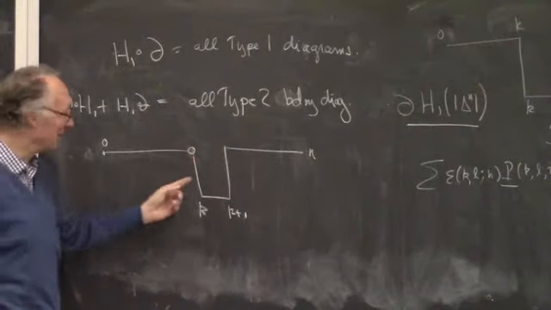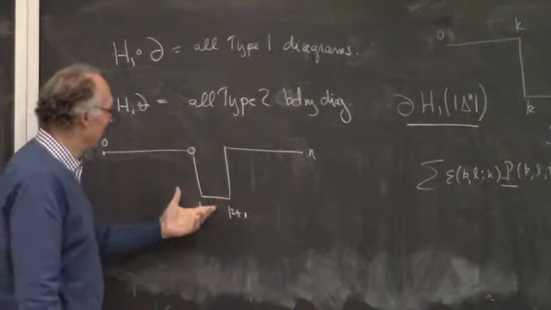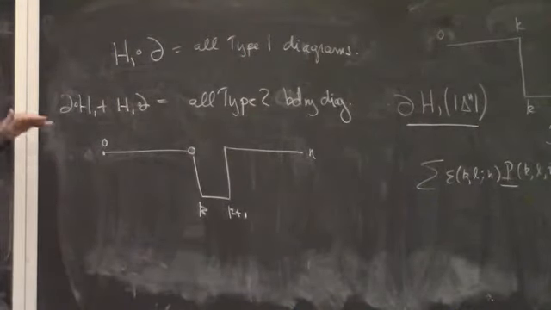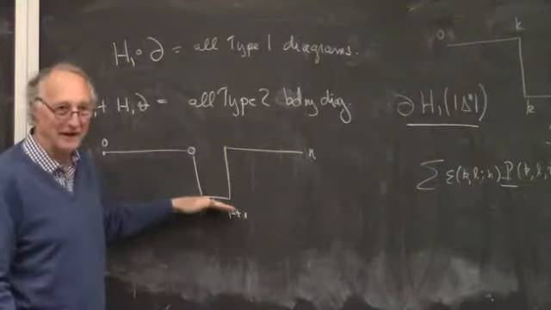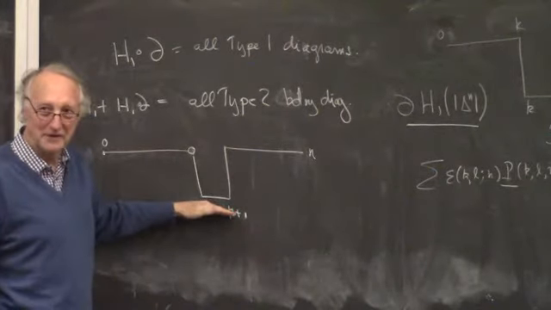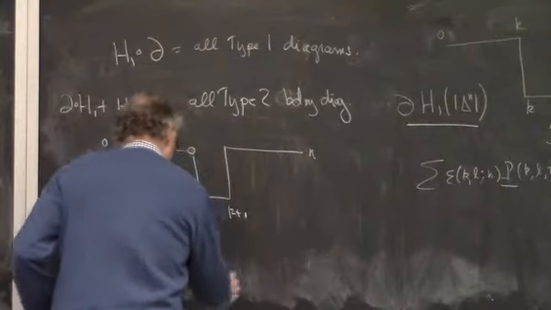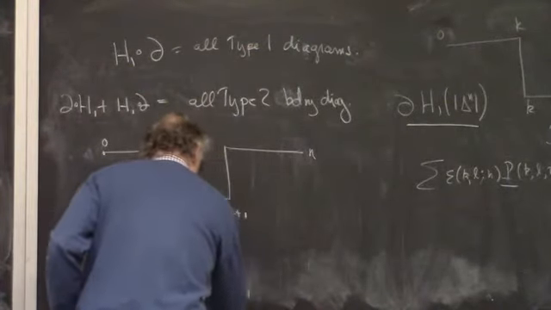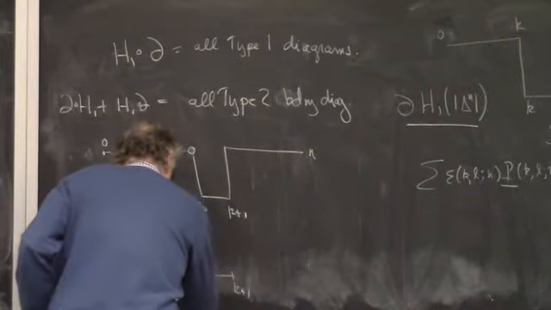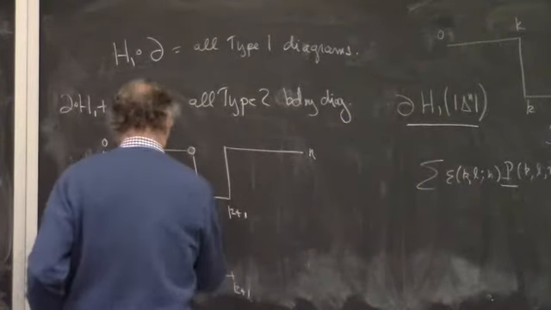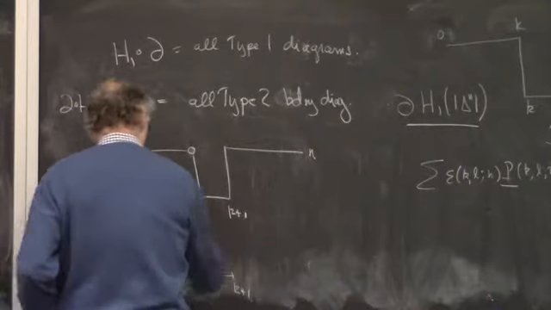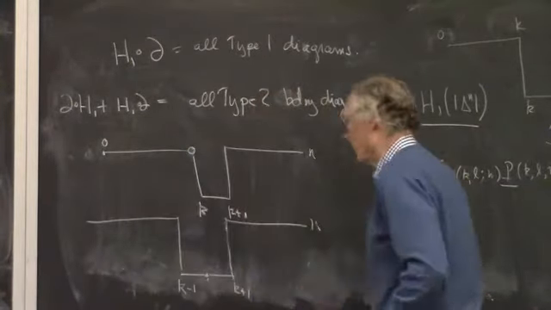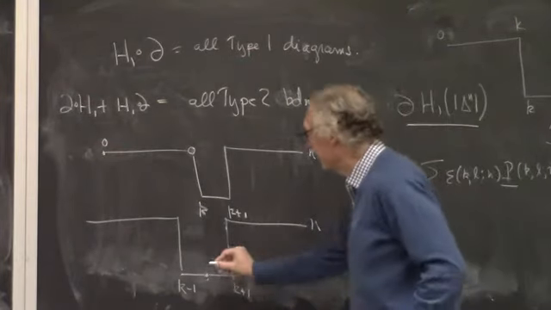Anyway, there's another diagram that has the same set of vertices here and here. Namely, k plus 1, k minus 1. So this is the diagram we start with. And we delete this vertex.